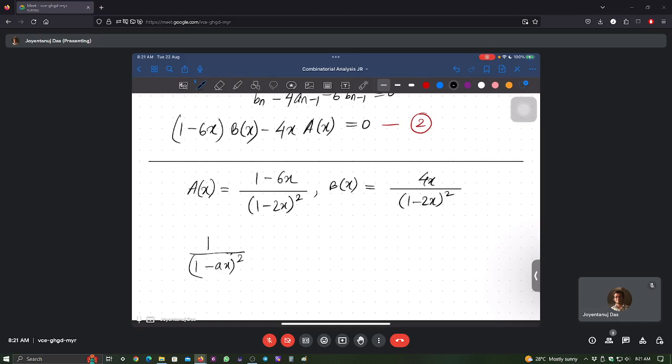Let me check my notes. I have it written down, but I think we did this from that combinatorial analysis book.